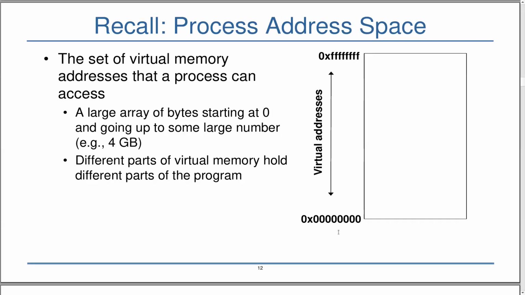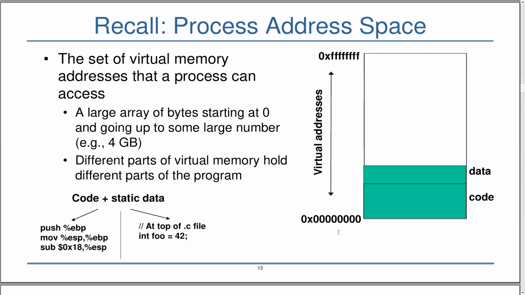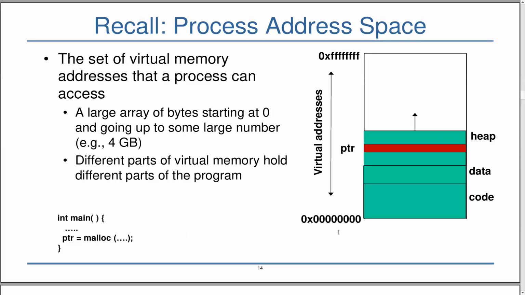And different parts of virtual memory are going to hold different parts of your program. For example, in the beginning you're going to put the code of your program, then later you're going to put a data section from your executable file, where your global data resides. Then maybe you have some dynamically allocated memory. You're going to have a heap.